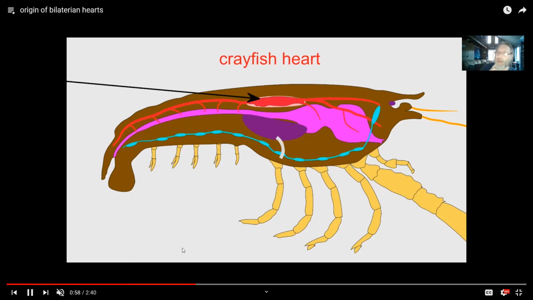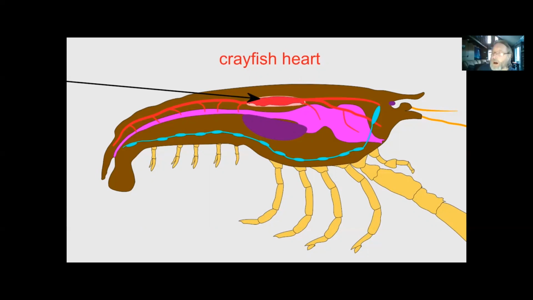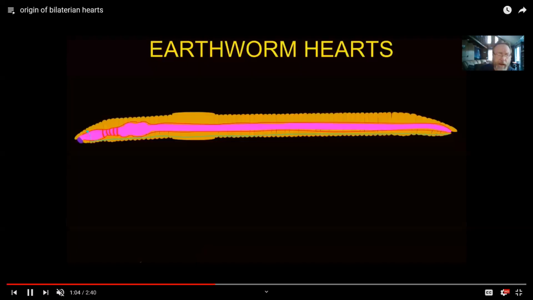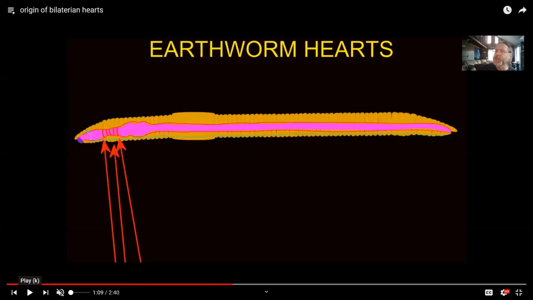One of the early things that happened in the early deuterostomes is we feel that there was a reversal of the body, so that what was ancestrally dorsal and ventral switched. When we compare hearts, we can look on opposite sides of the body: the dorsal hearts of the invertebrates are homologous to the ventral hearts of vertebrates.